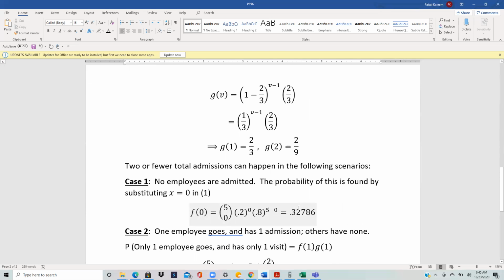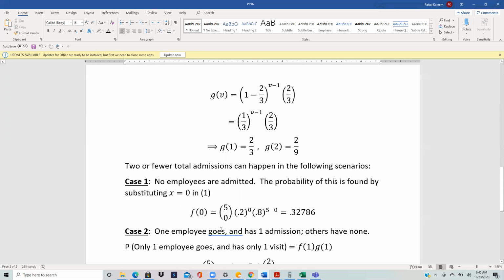Case 2 is that one employee goes and has one admission only. One employee goes means that during the year only one employee ever gets hospitalized. Others never go. Remember our main goal is to find the probability of total visits being 2 or less. Even if there's only one employee going, that employee may have multiple visits. So we want one employee to go and have one admission.